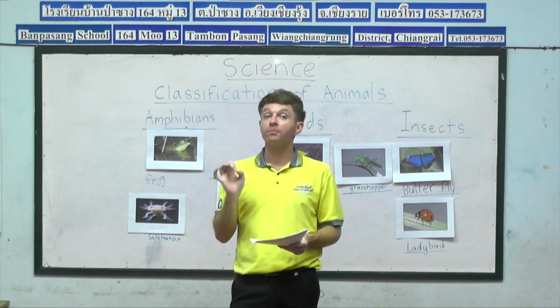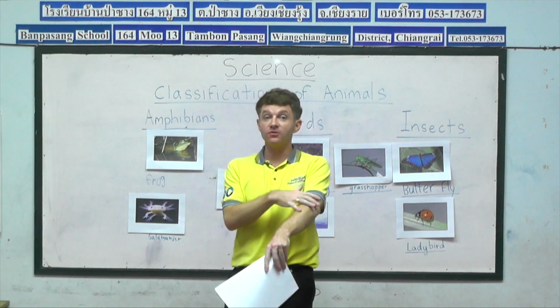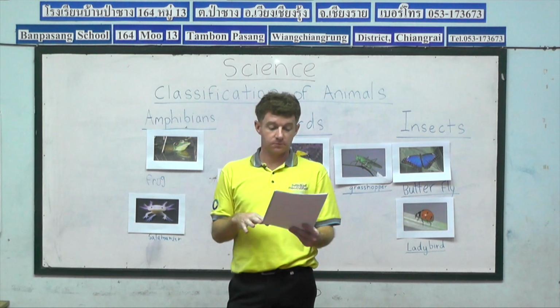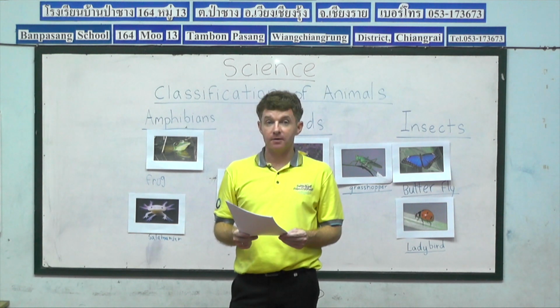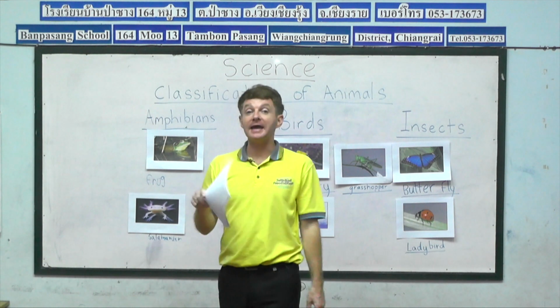Amphibians are cold-blooded and have moist skin. Amphibians live in damp areas near water, such as in or around a pond.